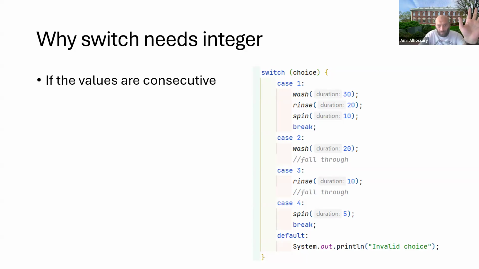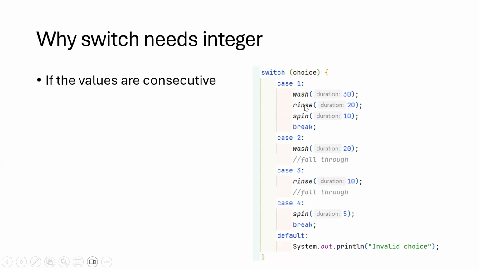Before we go to that more advanced piece, now you can understand that if you jump into case one, you will execute wash, then rinse, then spin: wash for 30, rinse for 20, spin for 10, and then break to exit from the switch construct.